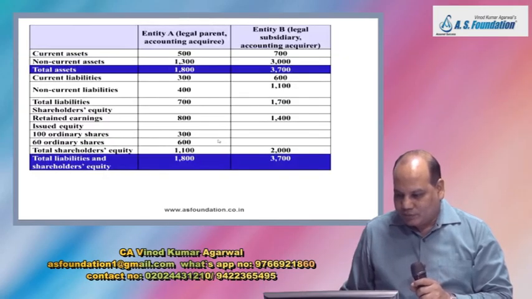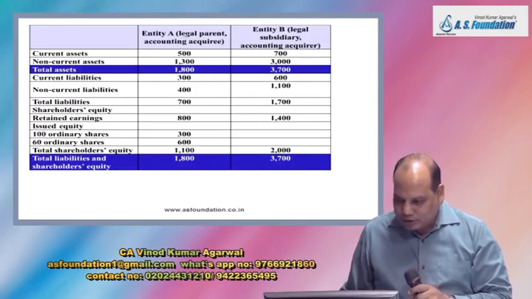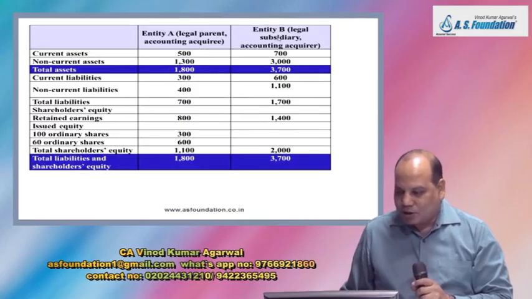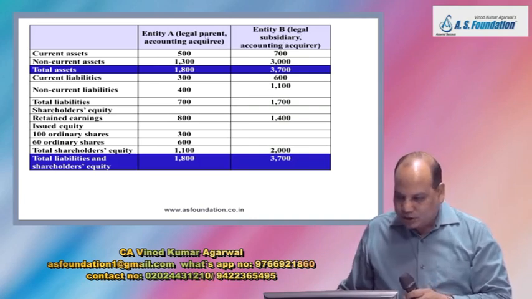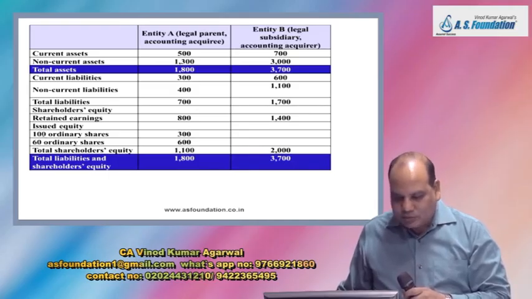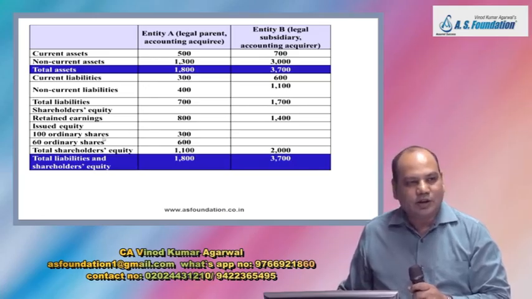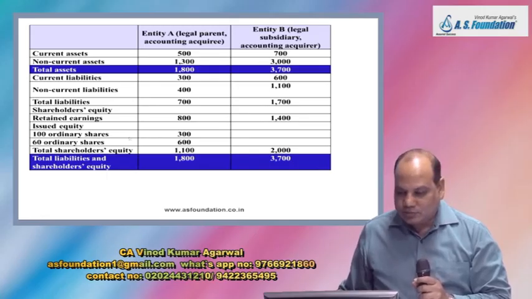See, just first on the screen, entity A is legal parent, accounting acquiree. Entity B is legal subsidiary, but accounting acquirer. So now you see the legal parent, they will give you the number of shares in the balance sheet. So this number of shares is already there in the absorption problem. 100 shares.